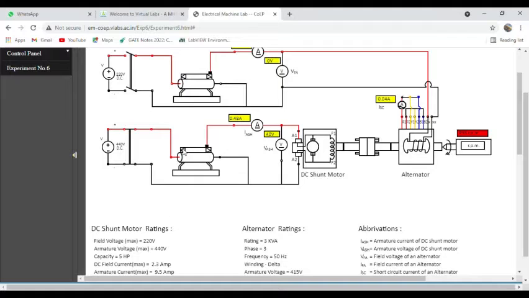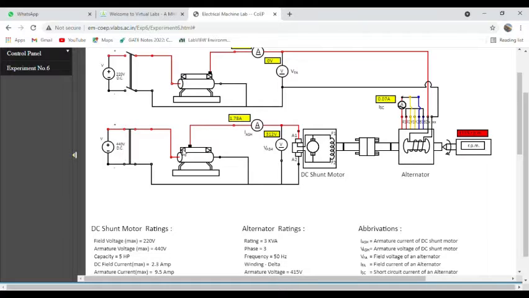Stator terminals are short circuited in order to perform the SC test on the alternator. Close the DPST switch connecting the armature winding of the DC shunt motor to the supply, and bring the DC shunt motor to its rated speed of 1500 rpm, and the alternator is made to run at synchronous speed using the DC shunt motor.